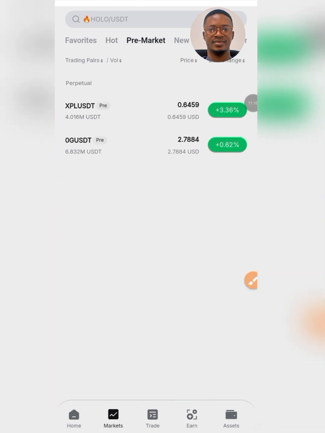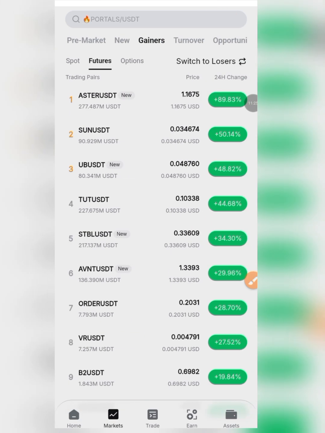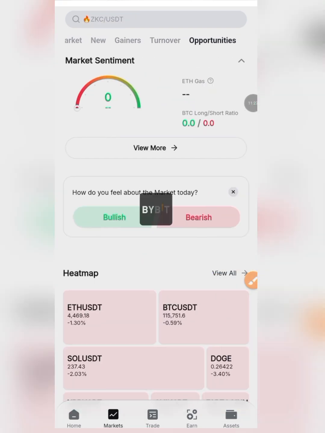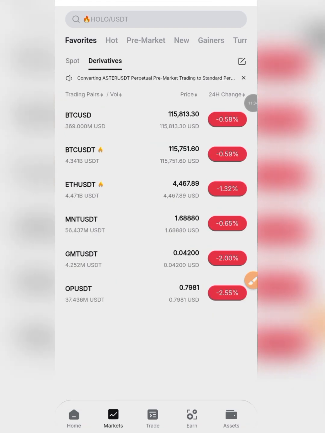You will see the pre-market ones, the oncoming ones that are yet to enter the market. You see the new ones, new coins that are coming up. You will see the gainers, the turnover, the opportunities, and all of that. So that is it on the market.